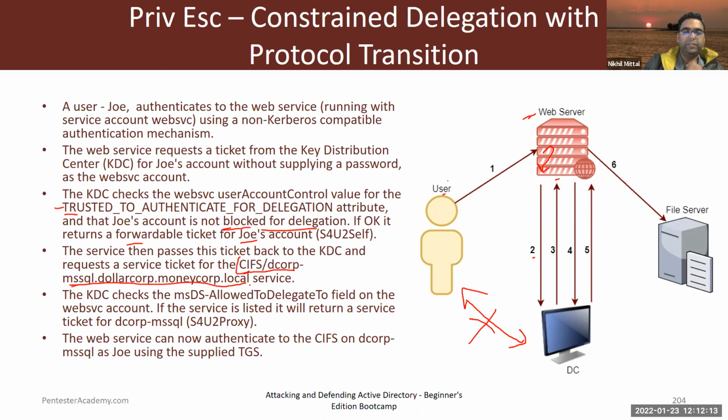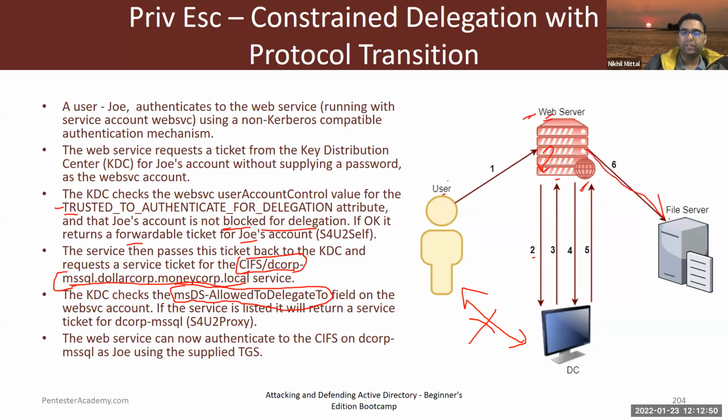This service must be specified in an attribute of the web service account, msDS-AllowedToDelegateTo. Now, msDS-AllowedToDelegateTo contains service principal names of those services that the first hop web service is allowed to delegate to. So the DC will check if this SPN is present in msDS-AllowedToDelegateTo. If it is present, then it provides a TGS to the web server.